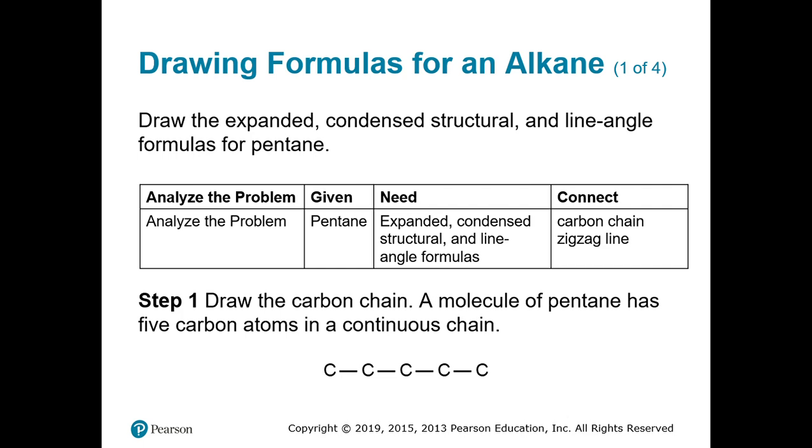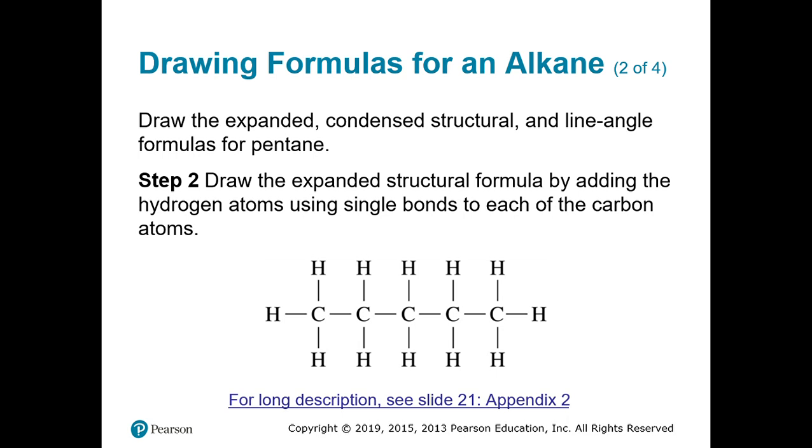Now for this problem, we have to draw the expanded, condensed structural and line angle formulas for pentane. Pentane is pent, that means 5 carbons. So we have to draw 5 carbons: 1, 2, 3, 4, and 5. Now for the expanded formula, depending on the valency of carbon, we can adjust the number of hydrogens.